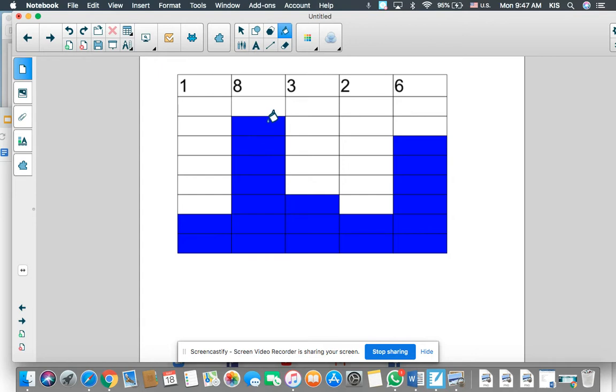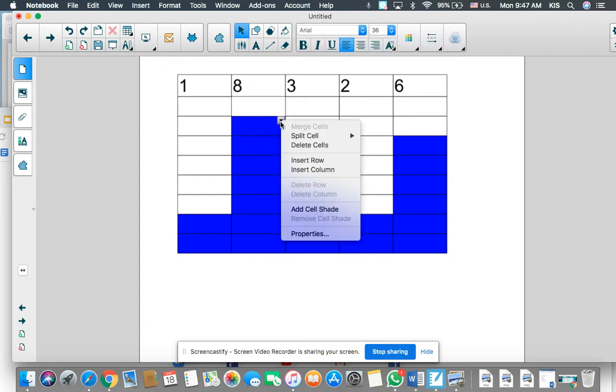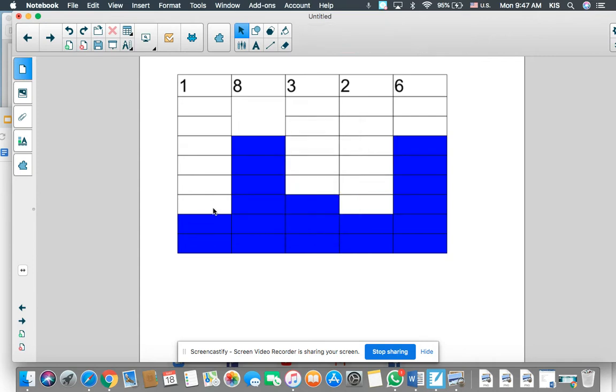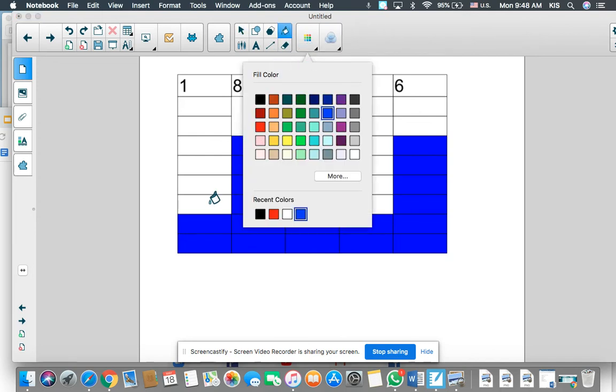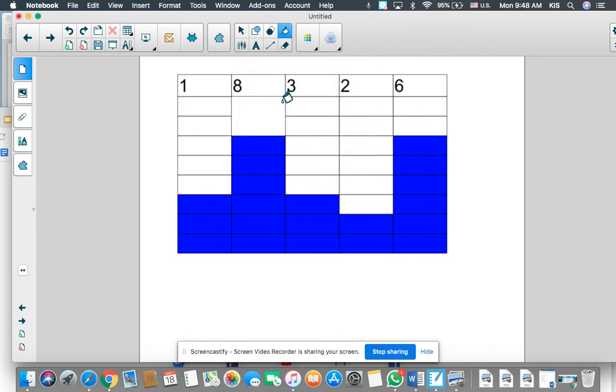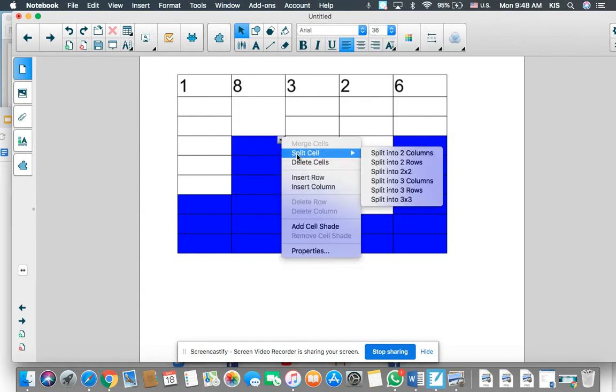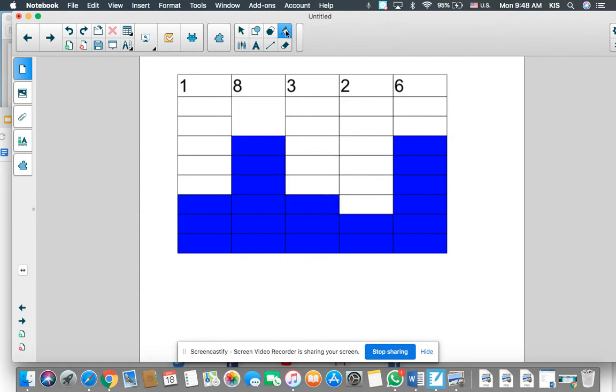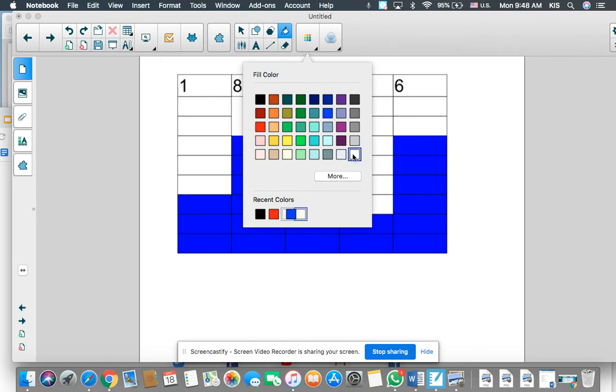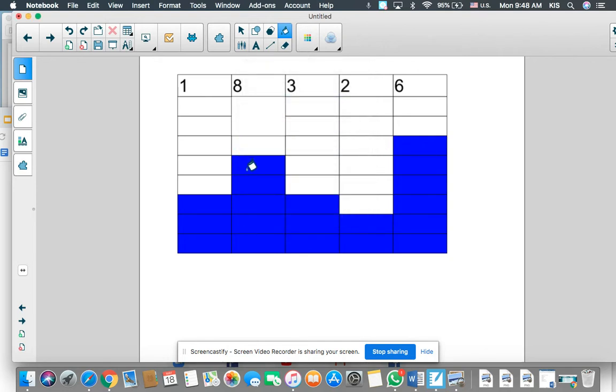Okay, and now let's do the same thing for this one here. Let's delete that. Let's put it down here. Okay, so let's move this one. Maybe if I just do white instead, that might be easier, right?